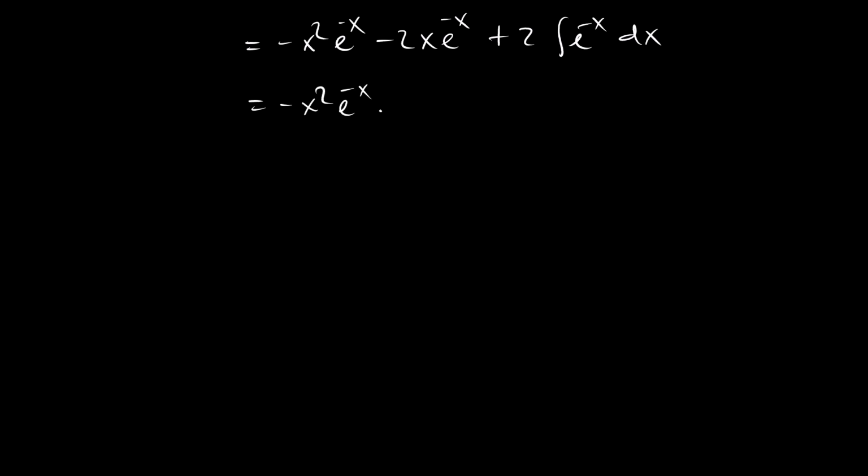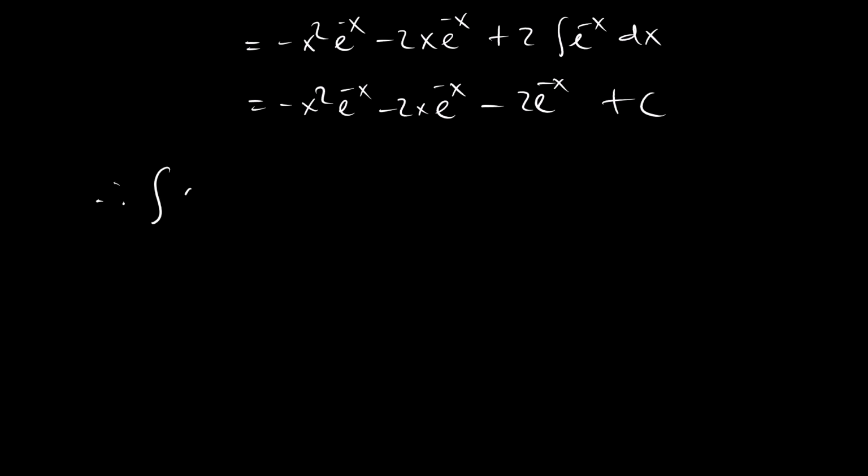So we've come to it, and it becomes e to the negative x times x squared plus 2x plus 2, plus the integration constant.